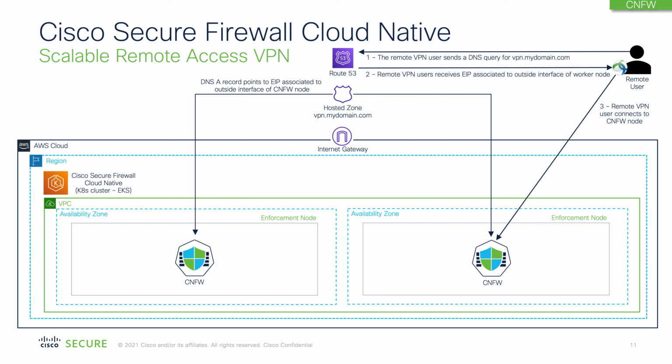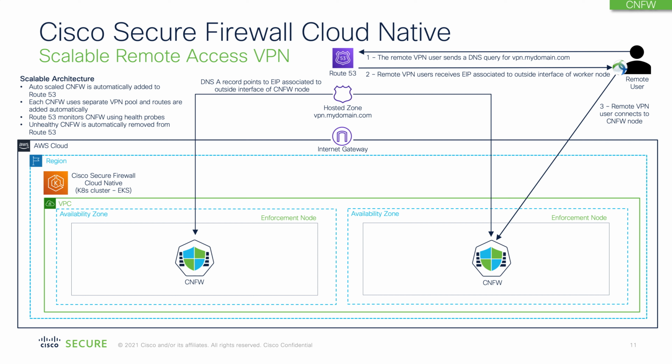Once the user has the public IP address, or elastic IP address, of your enforcement point, the user will connect directly to that enforcement point. For each CNFW, we have a dedicated VPN pool so that we can automatically add routes in the entire VPC. Whenever a new EP is instantiated, we automatically add it to Route 53.